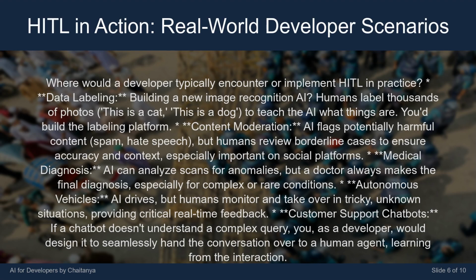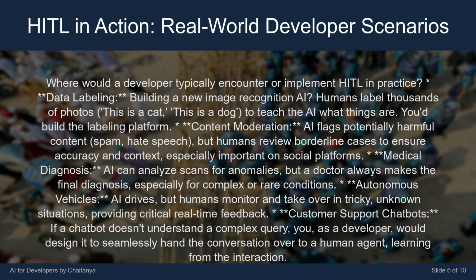Where would a developer typically encounter or implement HITL in practice? Data labeling. Building a new image recognition AI? Humans label thousands of photos. This is a cat, this is a dog. To teach the AI what things are, you'd build the labeling platform. Content moderation.